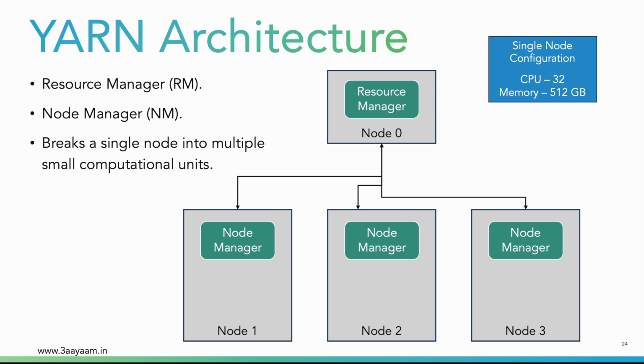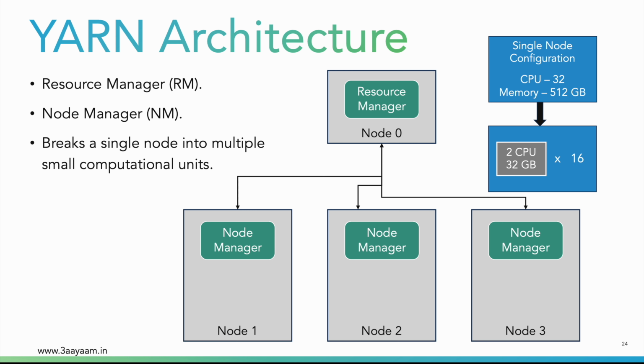What YARN would do is break it into pieces and create a small logical block with 2 vCPUs and 32 GB of RAM. So you can imagine that each compute node can contain 16 of such small blocks. We can call these blocks smaller virtual machines also, but YARN calls them containers.